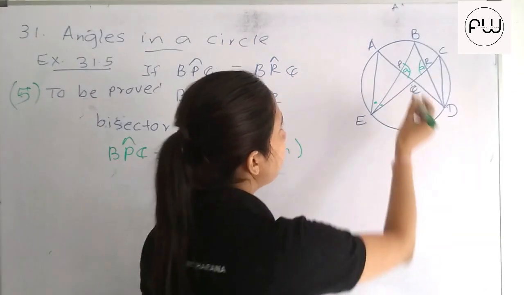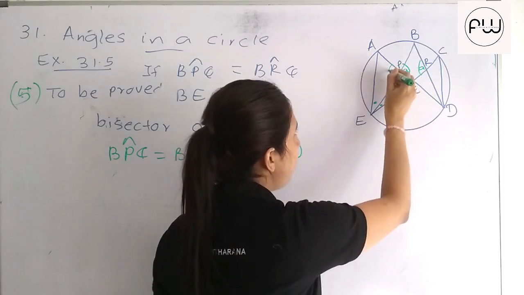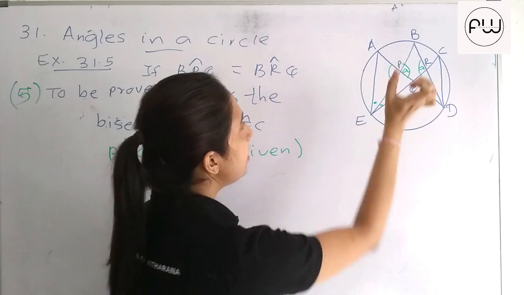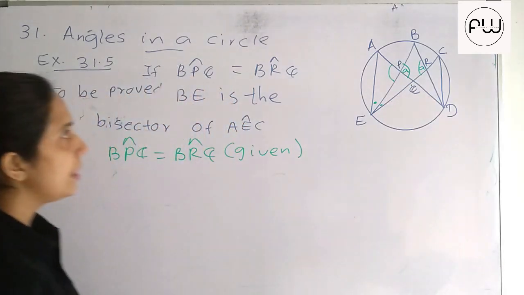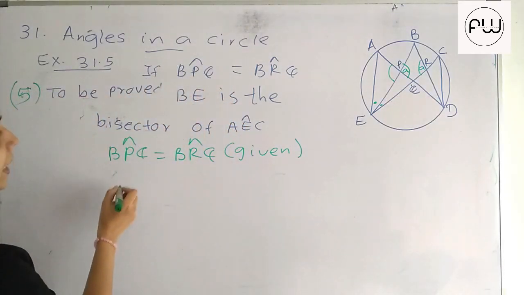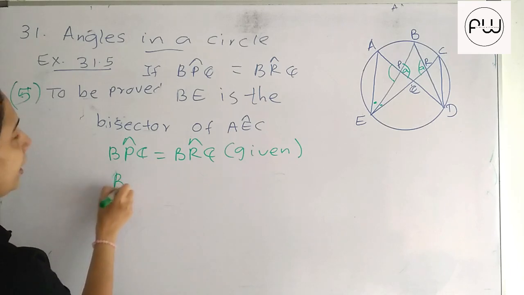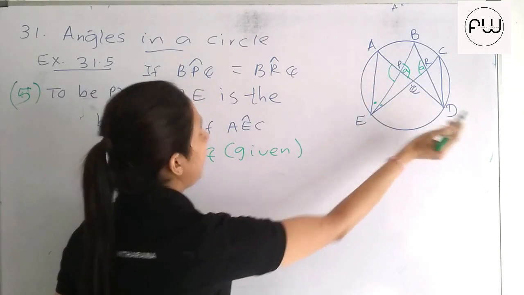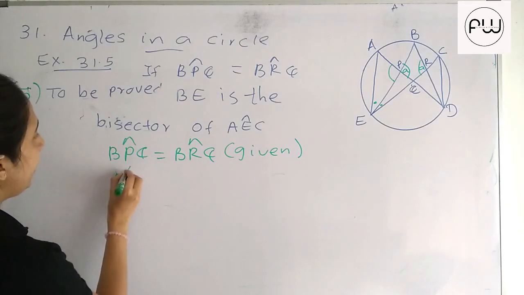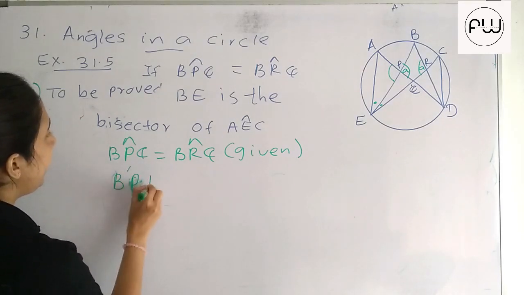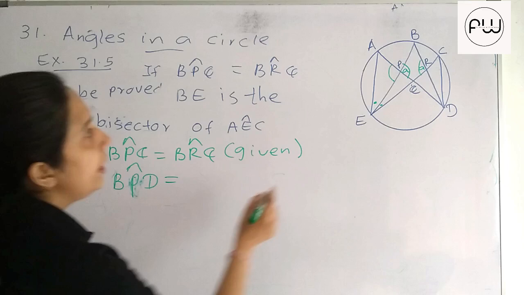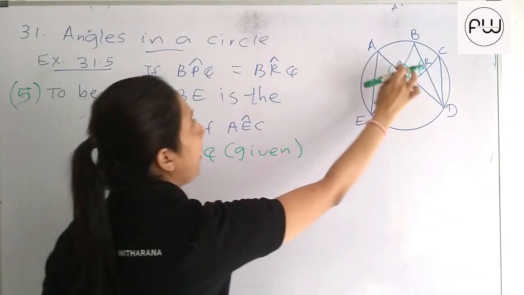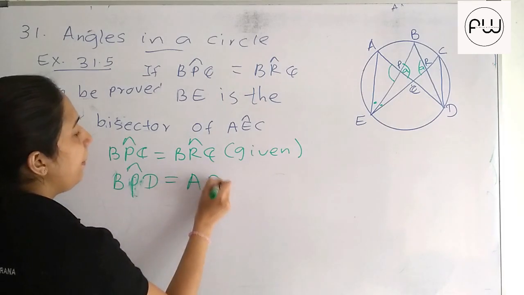Now let's see this one. If this is A, this one should also be A. Why? Because these two angles are vertically opposite angles. Then we can write angle BPD equals angle APE.